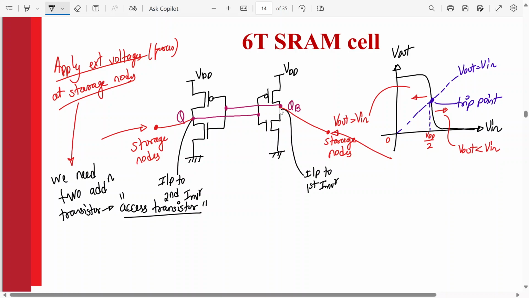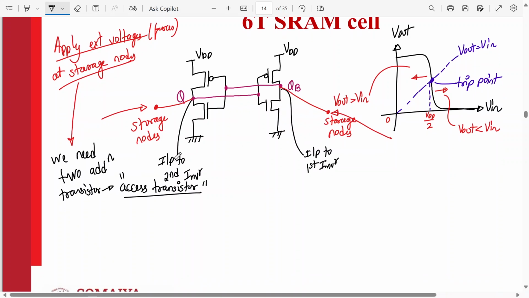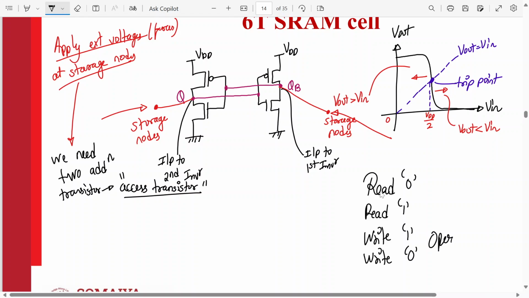Are you getting what I'm saying, everyone? You understood why we need to apply external voltages here at Q and QB? Because we want to read from the memory, or read 0, read 1. We can do only 4 operations: read 0, read 1, write 1, or write 0.